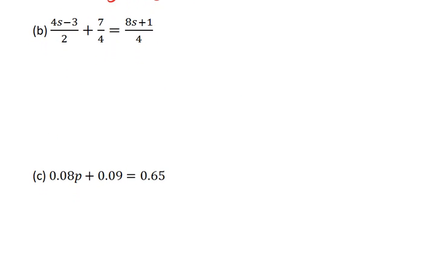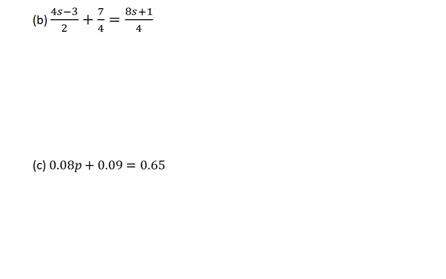For our next one, we have 4s minus 3 over 2 plus 7 fourths equals 8s plus 1 over 4. Pause if you want to, or continue watching. The first thing we want to do is get rid of that denominator. So we will distribute a multiplied by 4 to both sides.